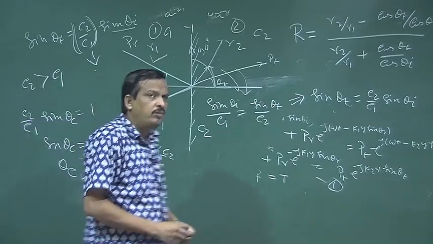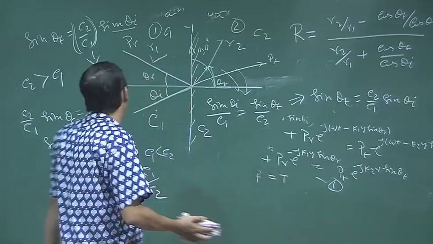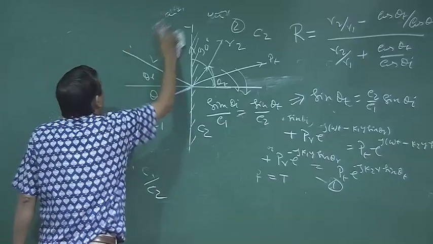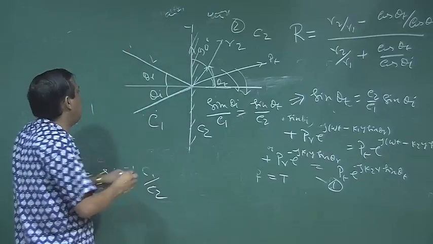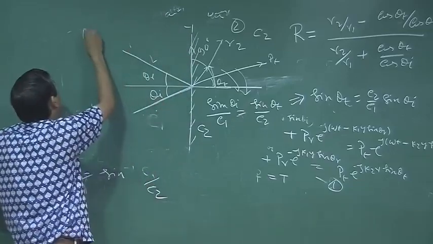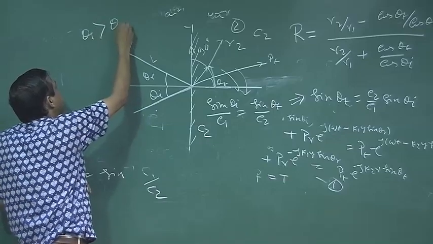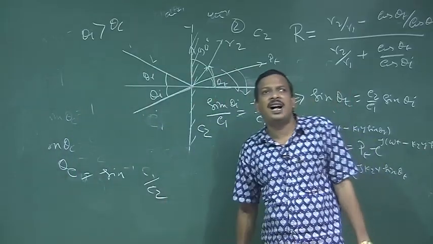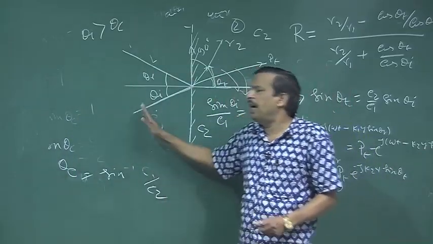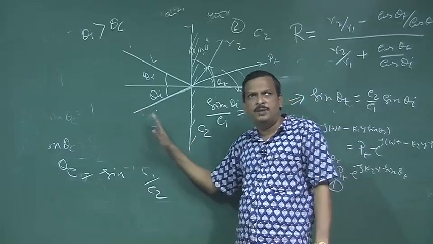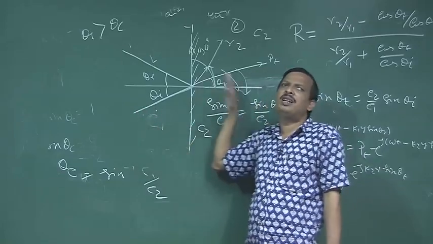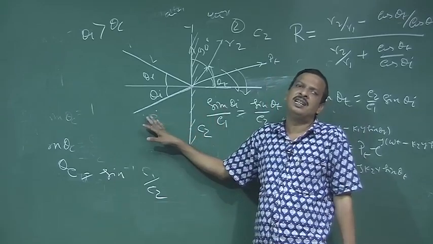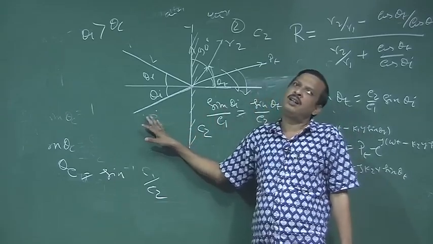Okay. Now, what will happen if the wave is incident in the condition where C2 is greater than C1 and the angle of incidence theta I is greater than the critical angle? That means a pressure wave is transmitted from, let us say, air to water and the angle of incidence is greater than the critical angle.